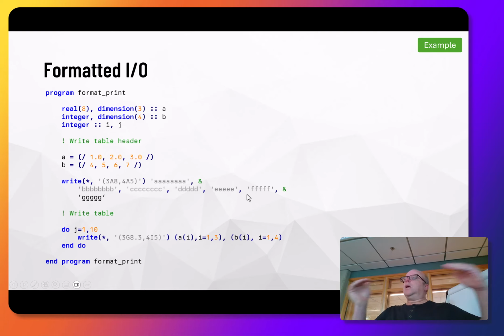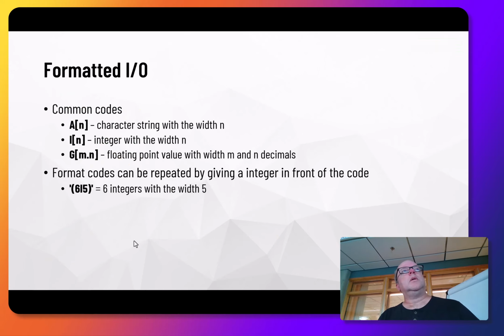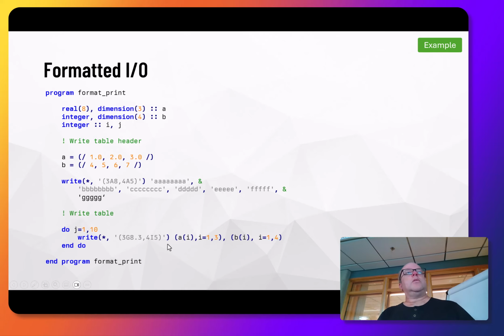That can be the header of the table. Then I loop over the arrays, and I have 3G8.3. That means 3 floating point values with a width of 8 and 3 decimal places, followed by 4 integers with a width of 5.